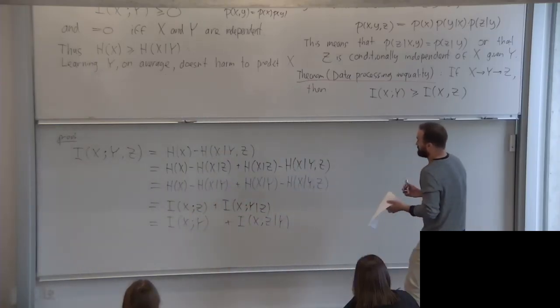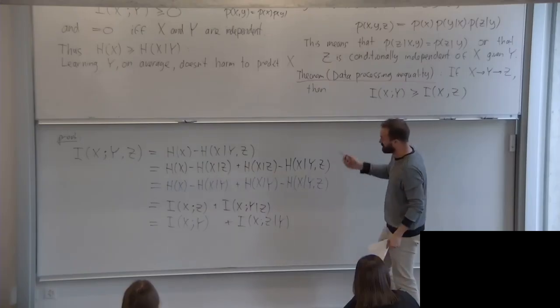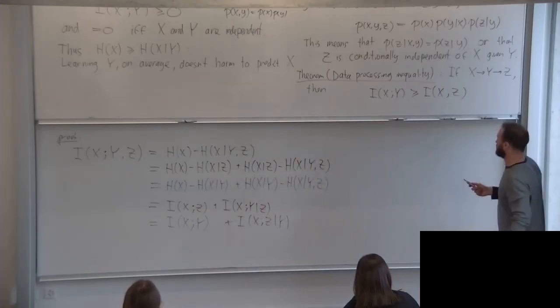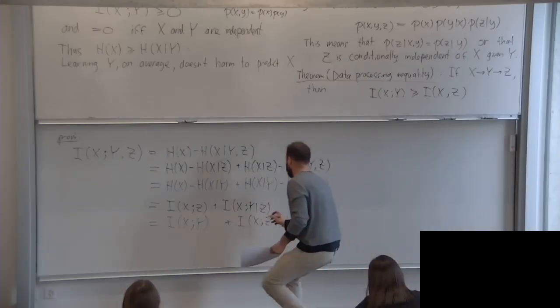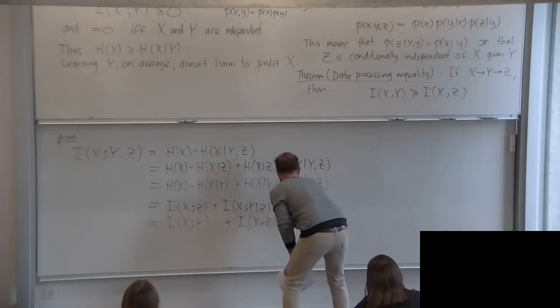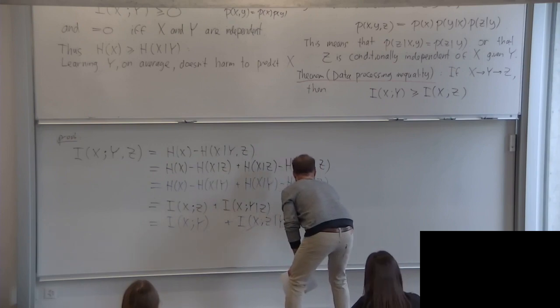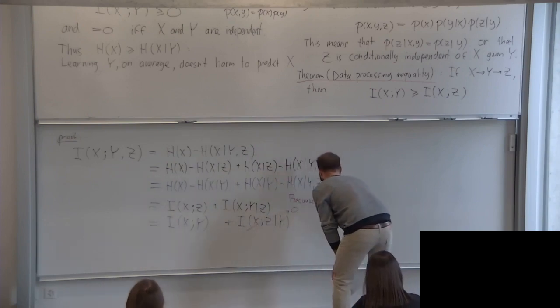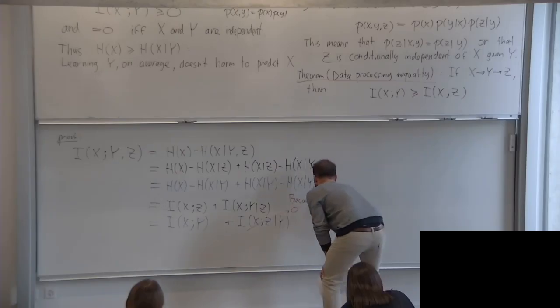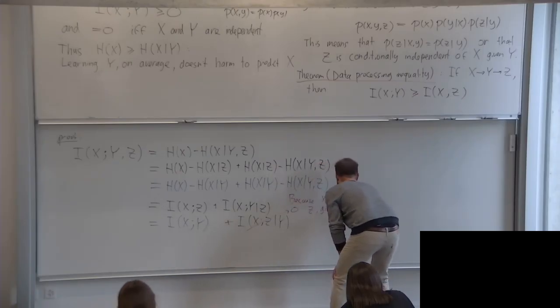But now it's not the mutual information, it's the conditional mutual information. That one is going to go to 0, because x is independent of z given y.